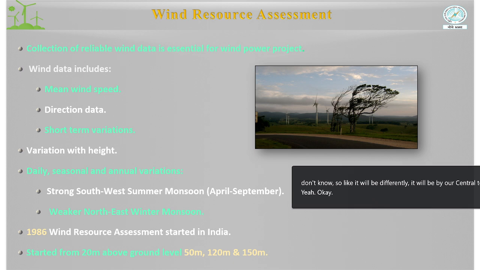The wind sighting team will start with this kind of work: first prospecting, then validation and micro-siting. In India, we now have measurements at the 50-meter level all over pan-India, 120-meter level masts, and 150-meter level also.